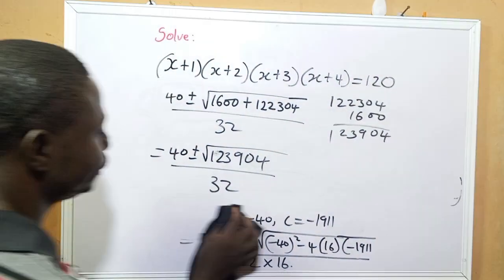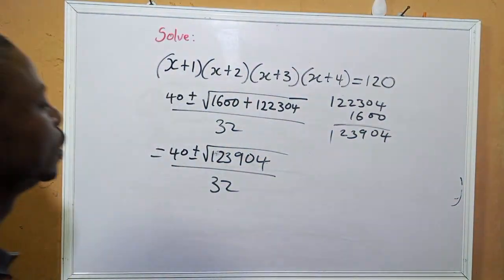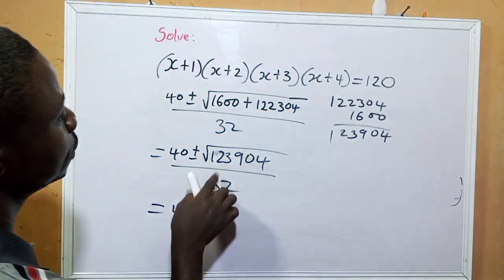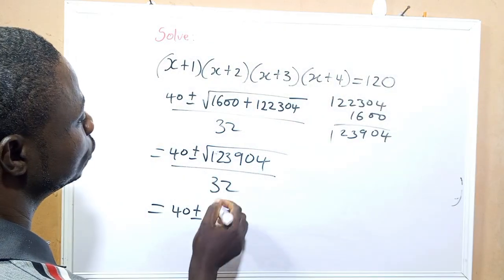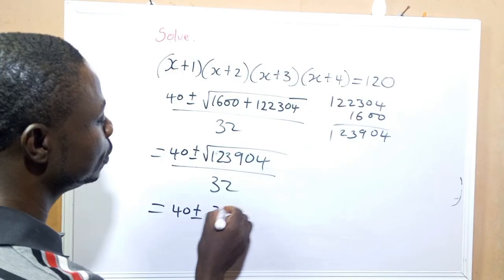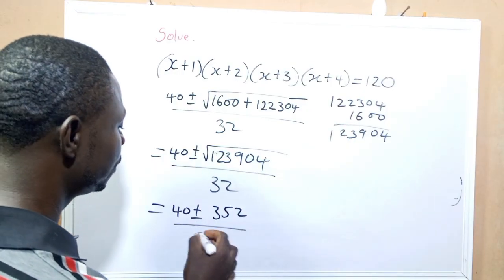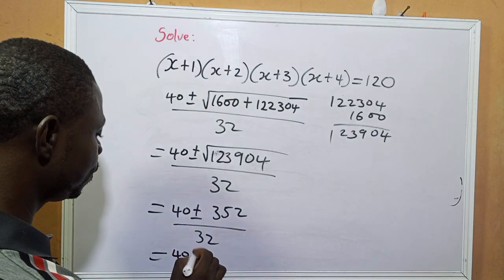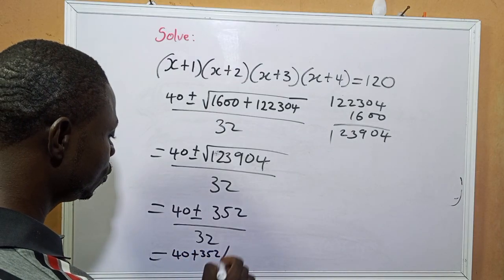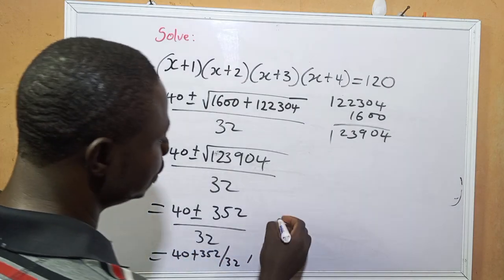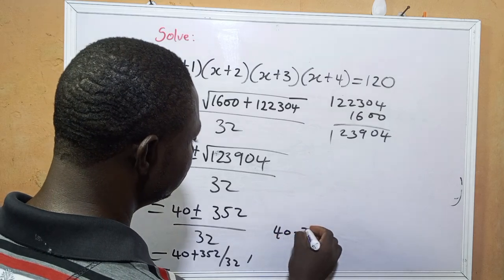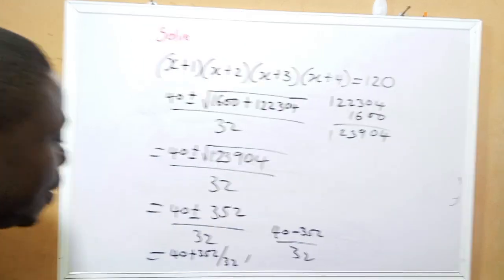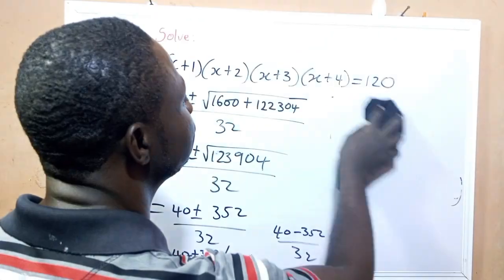Let's write. So now we have 40 plus or minus, and when you find the square root of this, you have 352 all over 32. So you now have 40 plus 352 over 32, and at the same time 40 minus 352 over 32. That means you are having two values for z.